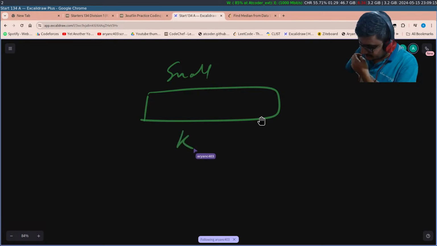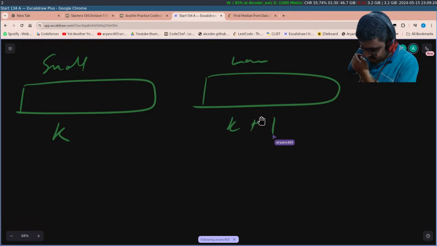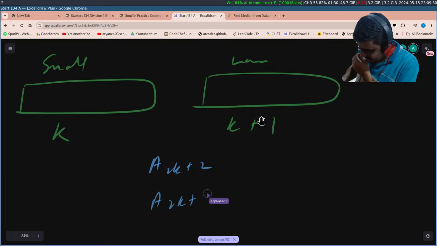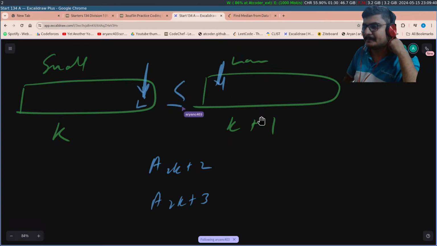This has k elements, this has k plus 1 elements. We have two values up for insertion, a2k plus 2 and a2k plus 3. One thing we can notice is that the largest value in the smaller set and the smallest value in the larger set, this would be greater than or equal to this.